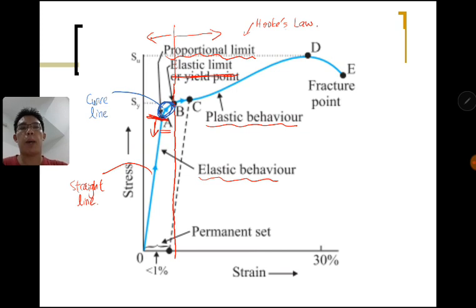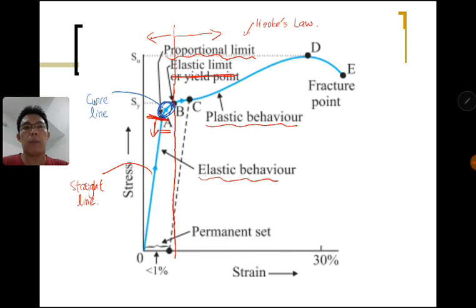If you have passed the proportionality limit, it will not obey Hooke's law, yes, but when you unload the weights that you put on it, it will still go back to the original length. It will not have permanent deformation. That's something you have to take note of.